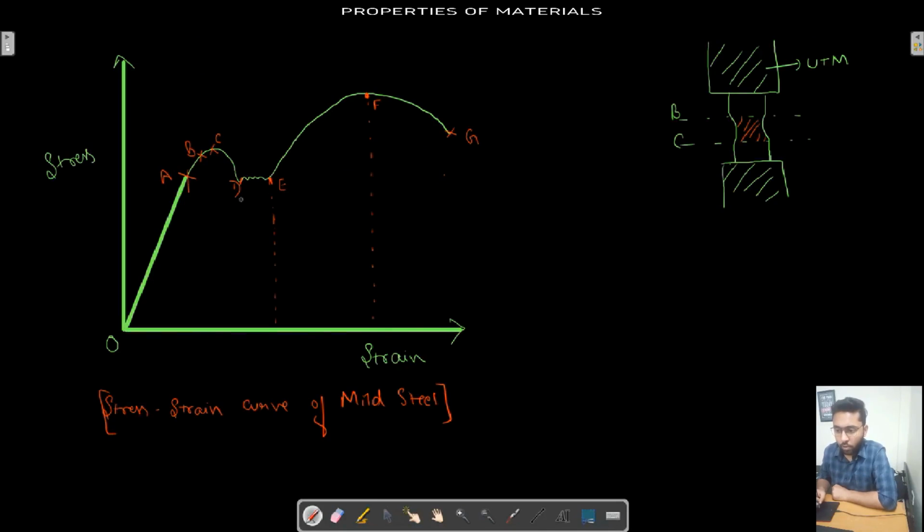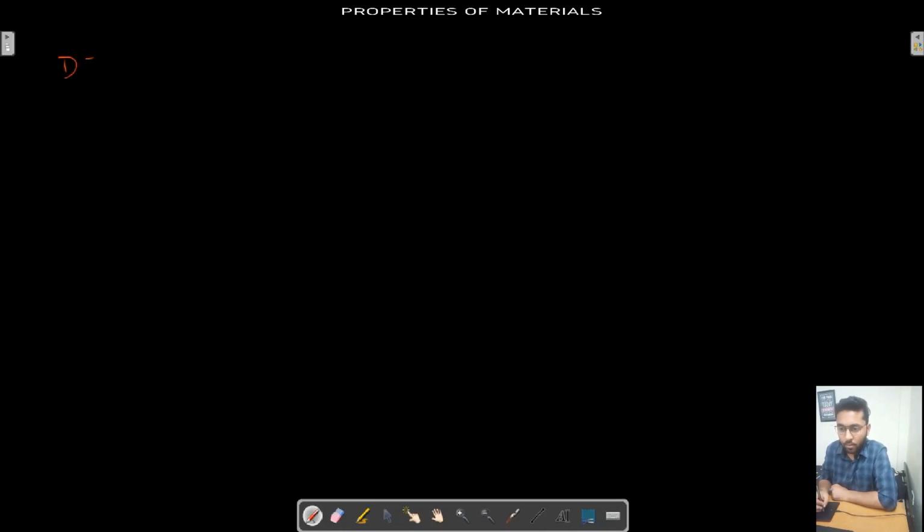Now the next point of concern is point D to E. This is also known as yield plateau, right? So let us write it here, DE. This is yield plateau. Why do we say it yield plateau?